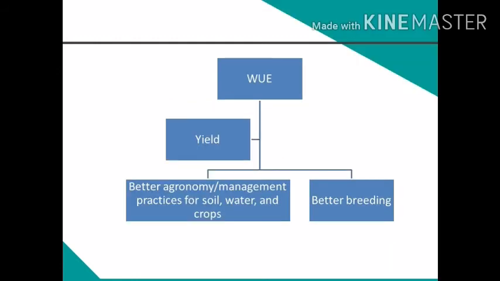Water use efficiency and yield can be improved by better agronomy or better management practices for soil, water, and crops, and by better breeding.